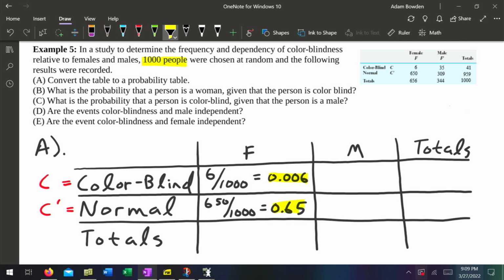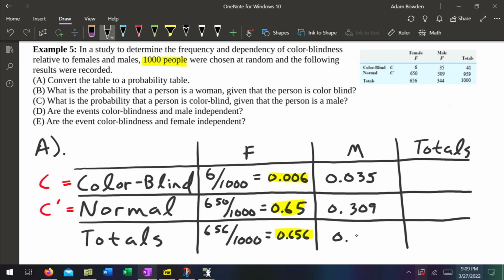And I'm going to go through the table and do this division for each thing. So for the totals, 656 females out of 1,000. Divide those, it's 0.656. And then for the males, I came out with 0.035, 0.309, 0.344, and then for the totals column, 0.041, 0.959, and 1.